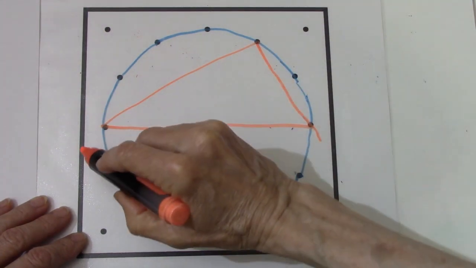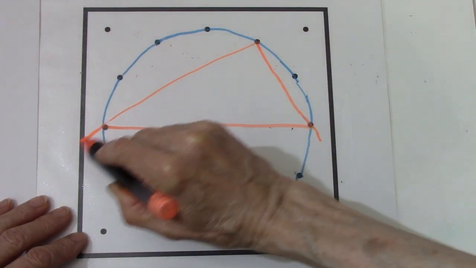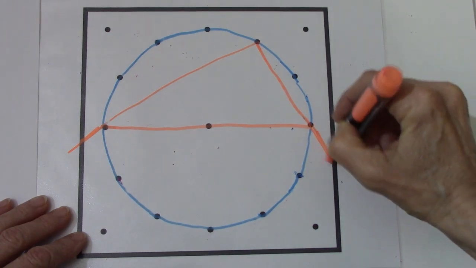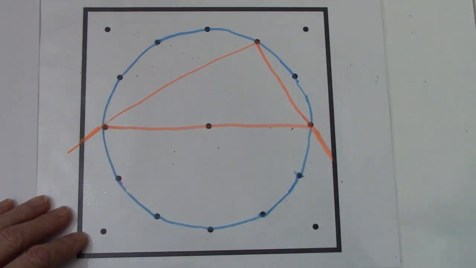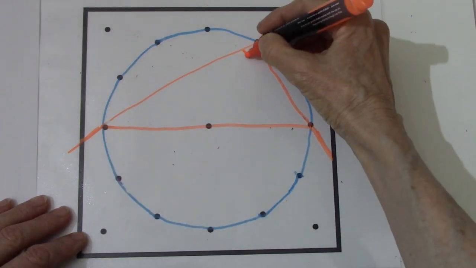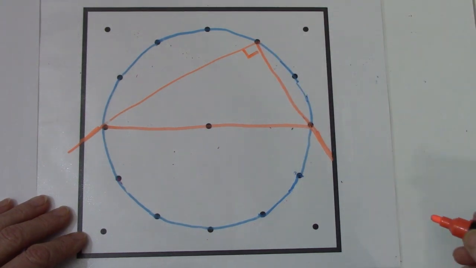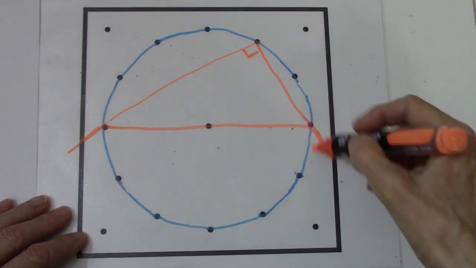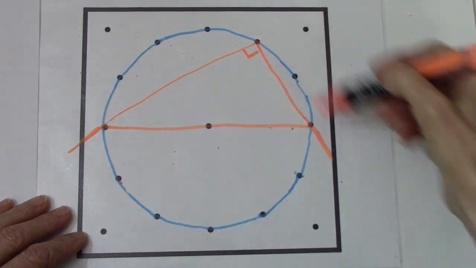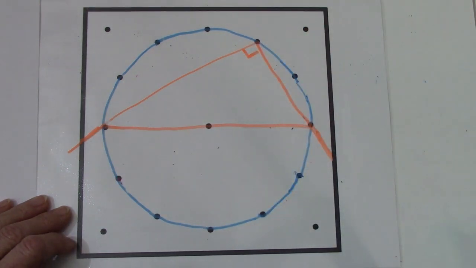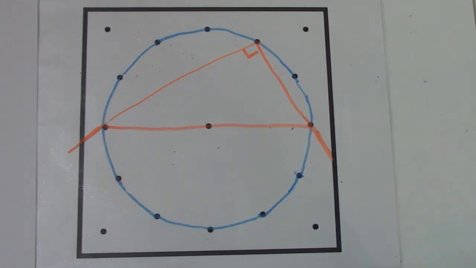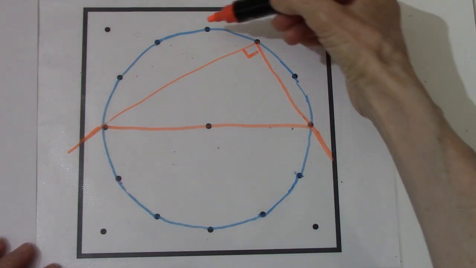From here to here, here's the arc that it intercepts or cuts off. This is 180 degrees, so this angle has to be 90. We take half of that. That angle's 90 degrees. No matter where I draw it, it's going to be 90 degrees. I can draw it over here.